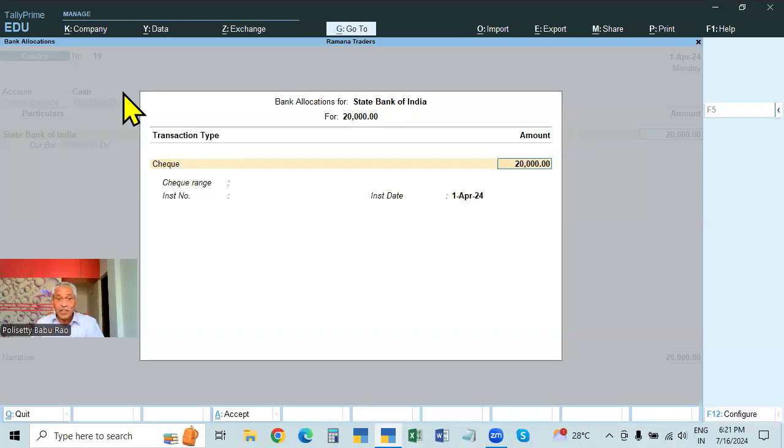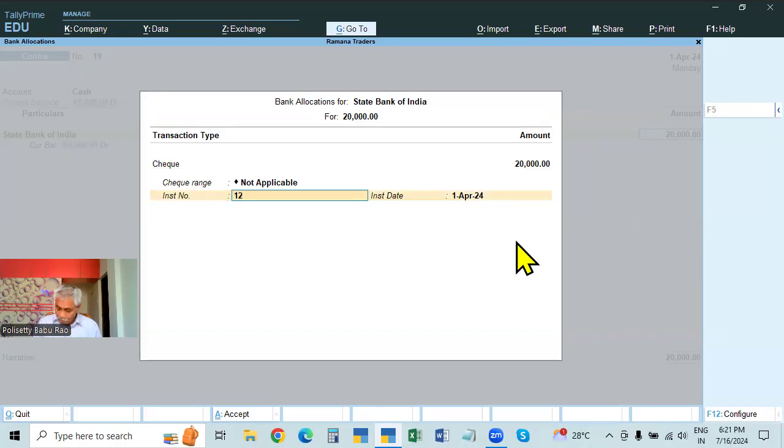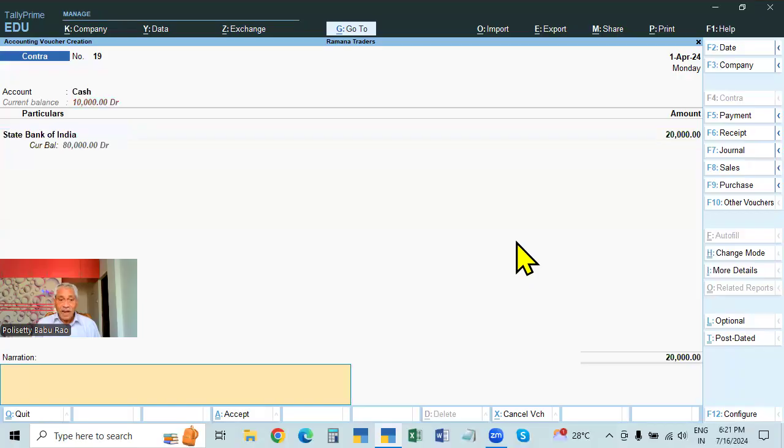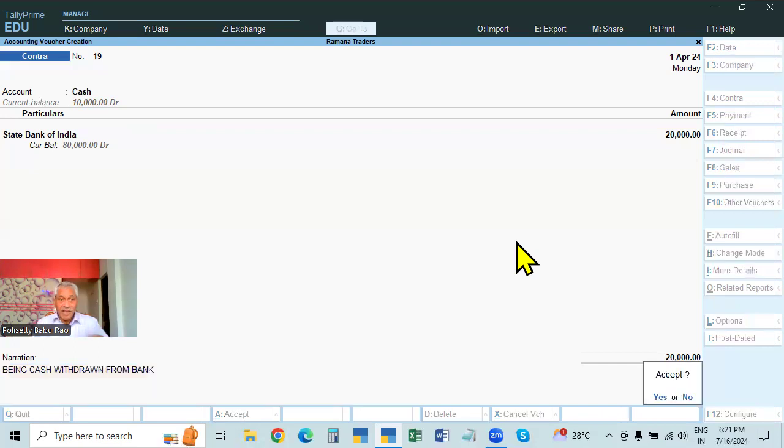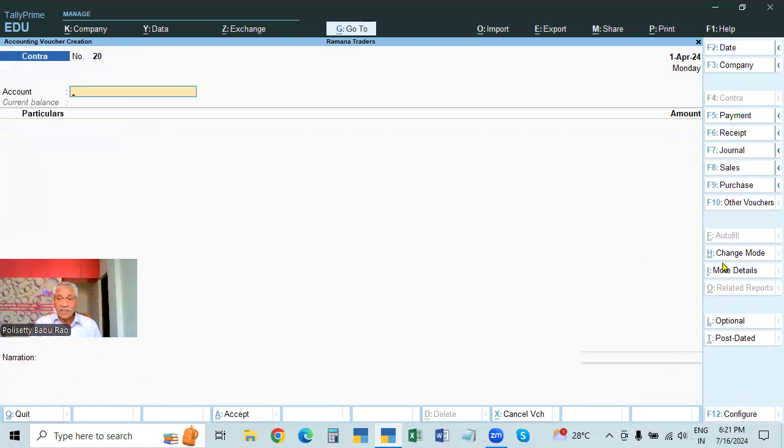When you are withdrawing, you have to use a check, so here the transaction type is check. There will be 6 numbers in the check, 1, 2, 3, 4, 5, 6. And here, being cash withdrawn from bank. First deposited in bank, then you withdraw from bank. This is the single entry.